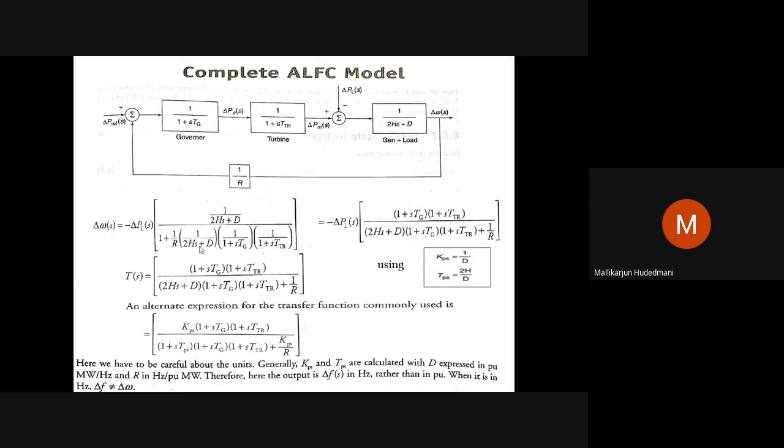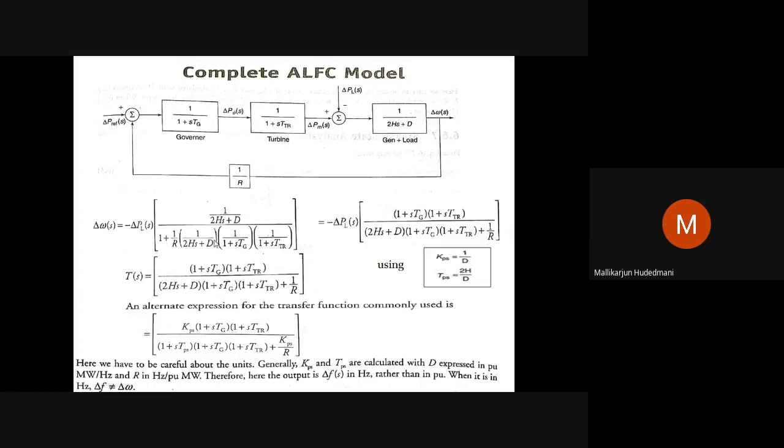You can see here, when I take this LCM and simplify it, this simplifies as minus delta PL of s, the numerator and denominator. On simplification, 1 by sTr, 1 by sTg, 2Hs plus D. When I make it common, it becomes 1 by R, 1 by R multiplication of all these terms.